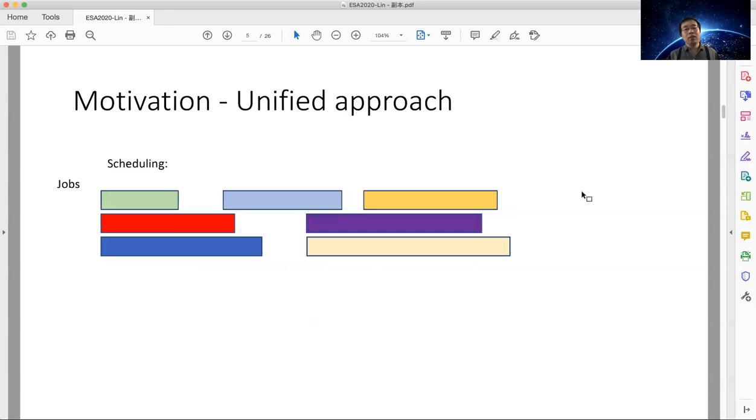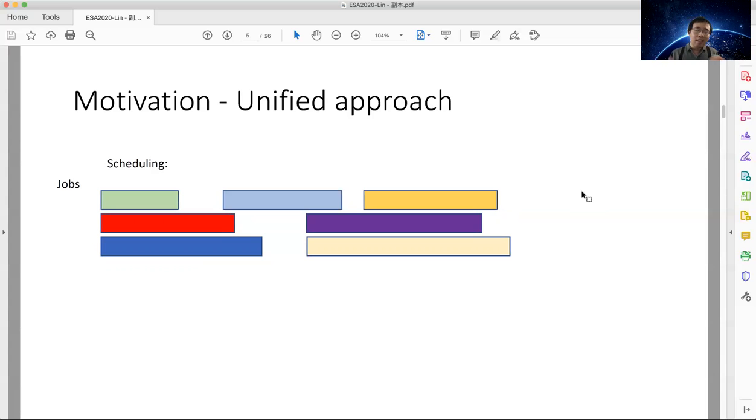Let me use one of my favorite optimization problems, scheduling, to demonstrate the modeling power of such block-structured integer program. Indeed, this could be a very general, unified modeling tool for a variety of optimization problems. And here I'm just using scheduling to give you a little bit of an idea.